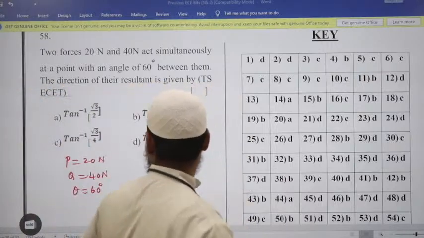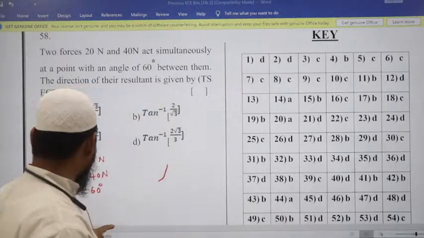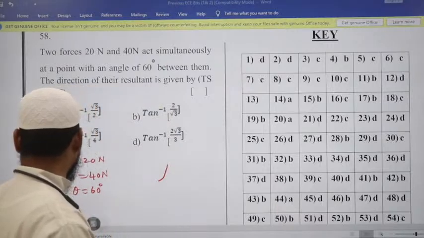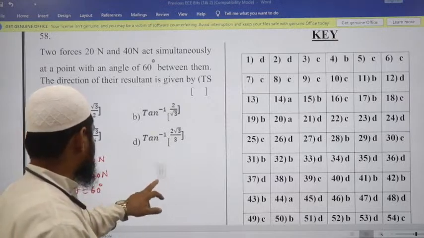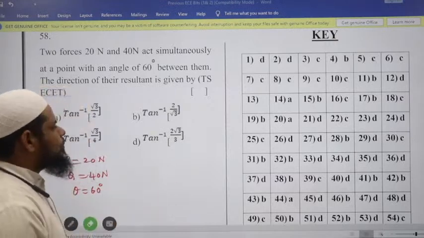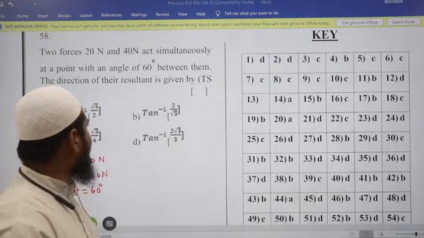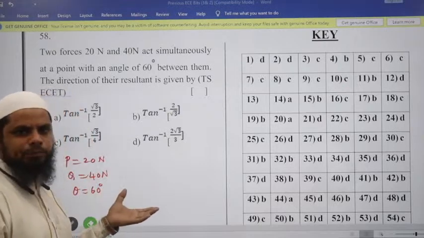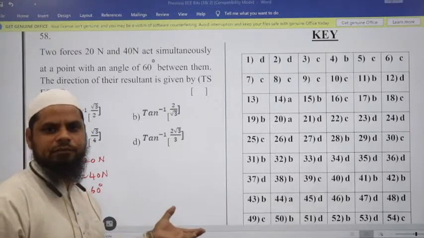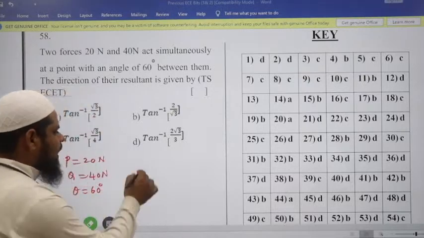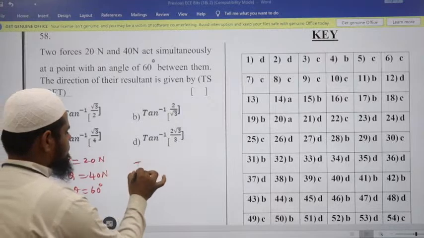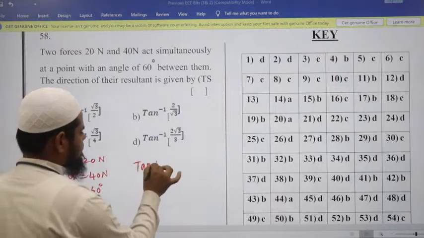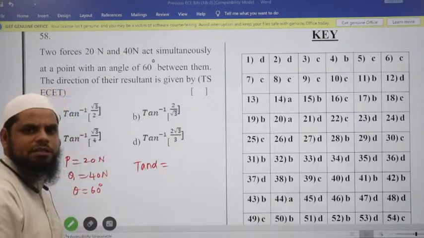Yes, back again. So hope you solve this problem. What you need to find is the direction of the resultant, so you need the resultant angle. So what I need is tan alpha.